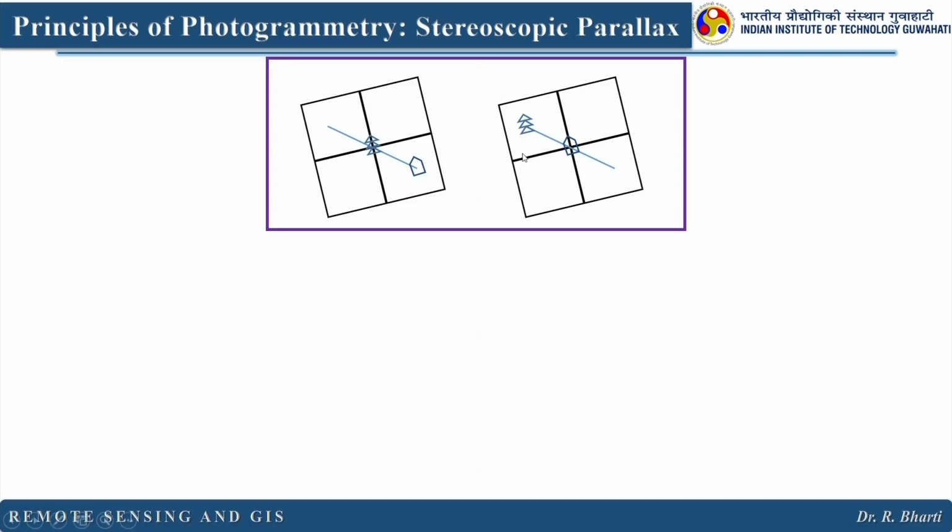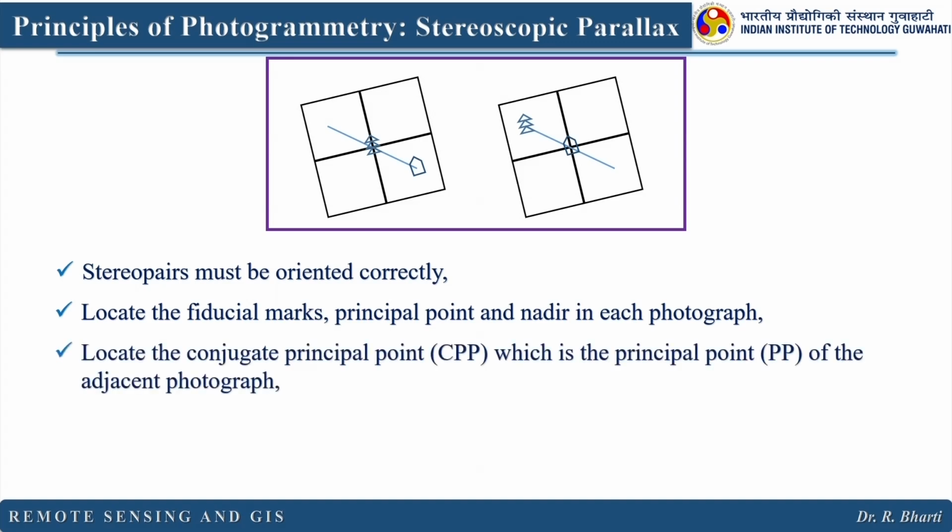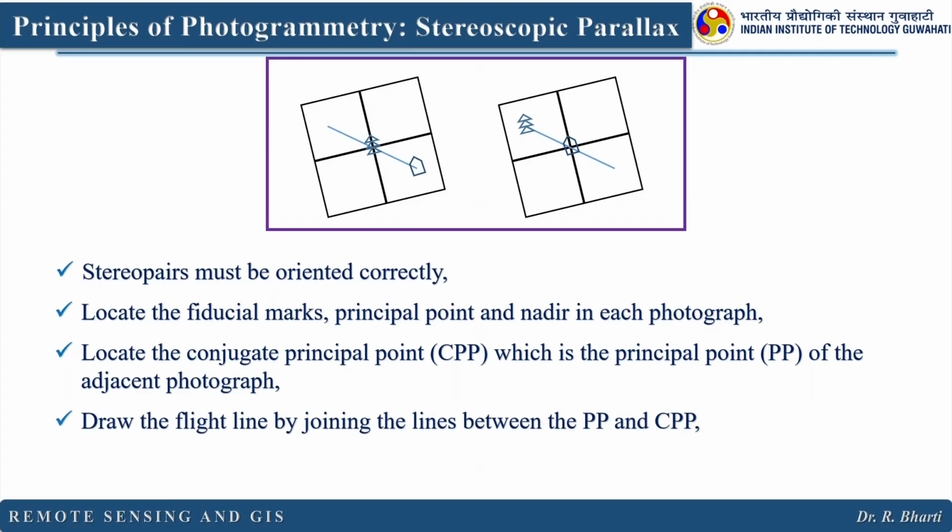So, let us go step by step. Stereo pairs must be oriented correctly. Then locate the fiducial mark, principal point and nadir in each photograph. Locate the conjugate principal point and principal point in both the images. Draw the flight line by joining the line between PP and CPP.